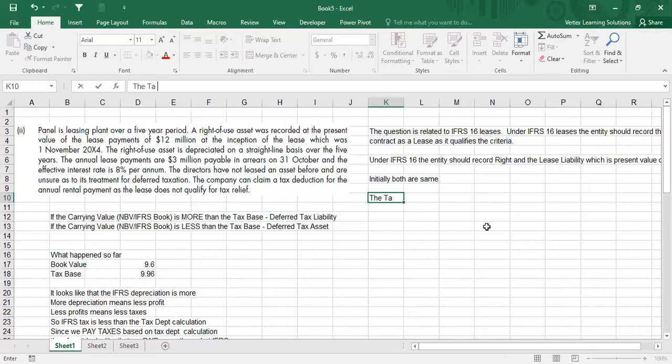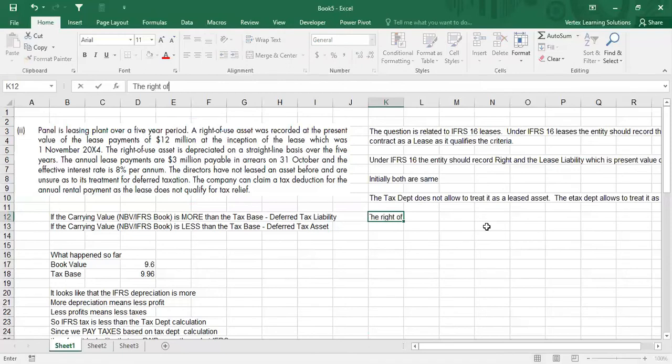The tax department does not allow you to treat it as a leased asset. The tax department allows you to treat it as a rental contract.